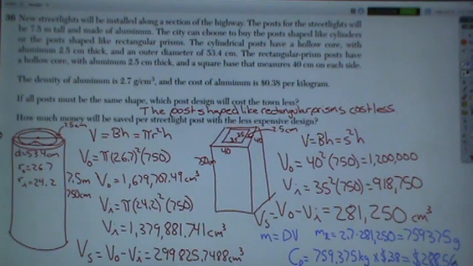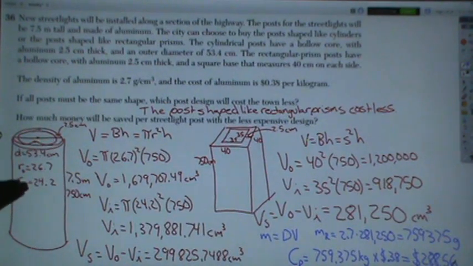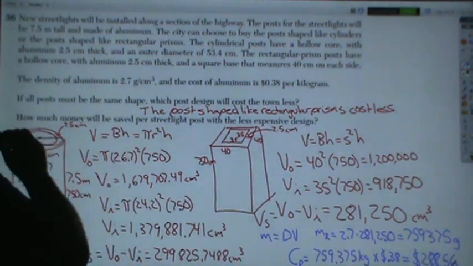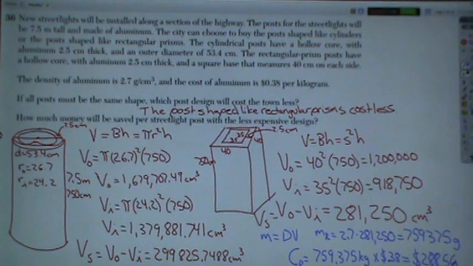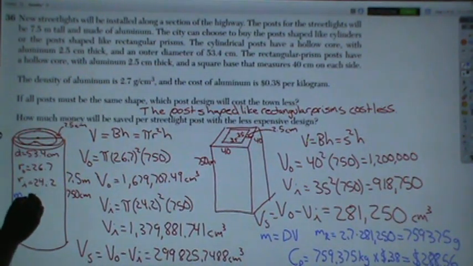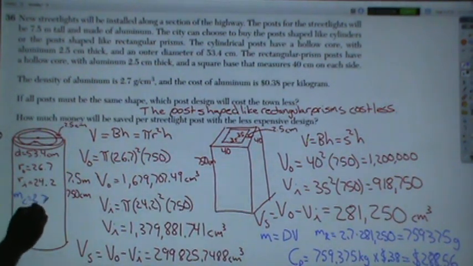I also have to figure out the cost of this prism over here. Well, this isn't a prism, it's the cylinder. So we're going to go through that same process again for the cylinder. So mass is still equal to density times volume. Density is still 2.7. So we're going to find the mass of the cylinder. We're going to do 2.7 times this volume of the shell.